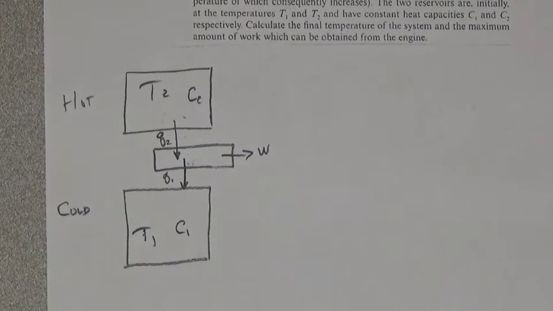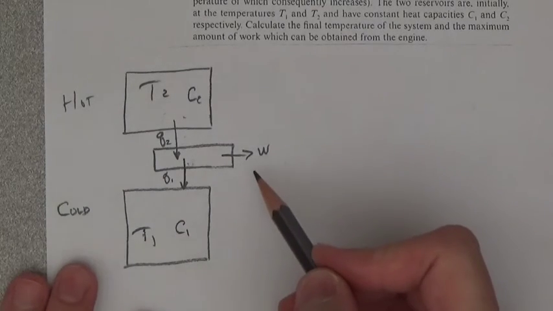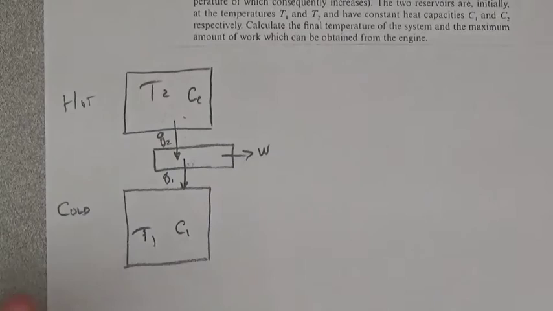So there's going to be some equilibrium temperature, and the question is how much work can come from this, and we're looking at the maximum work possible because it's completely reversible. So there's no entropic degraded mechanical energy.